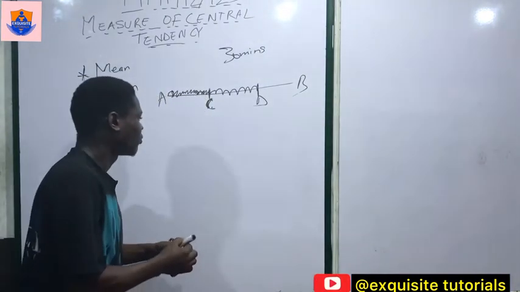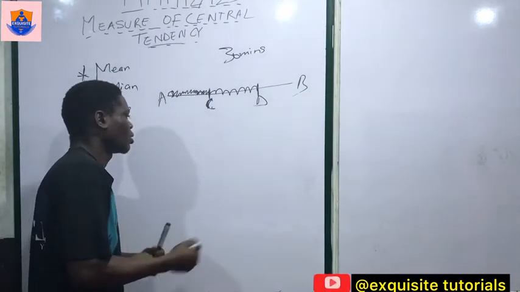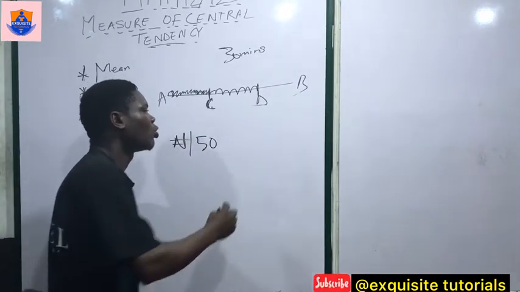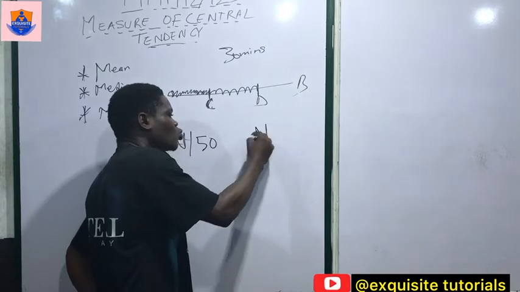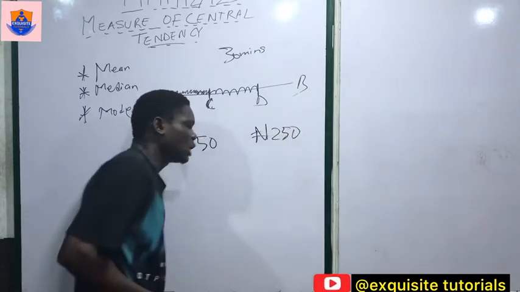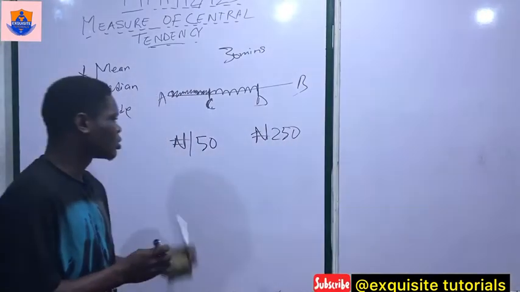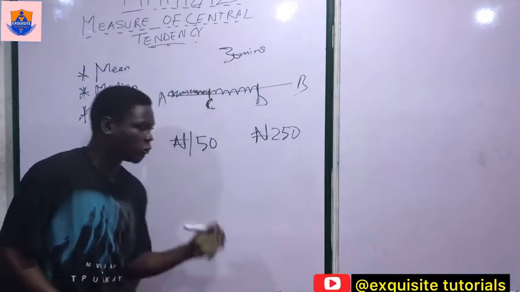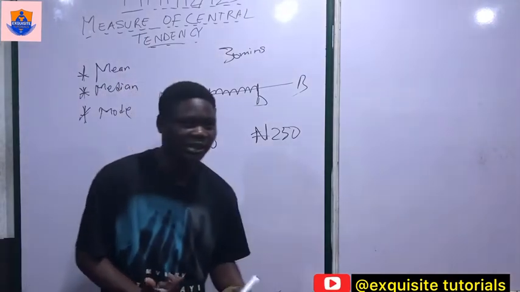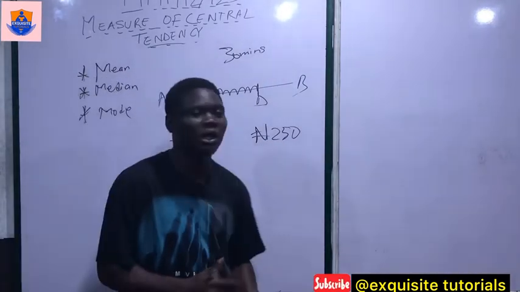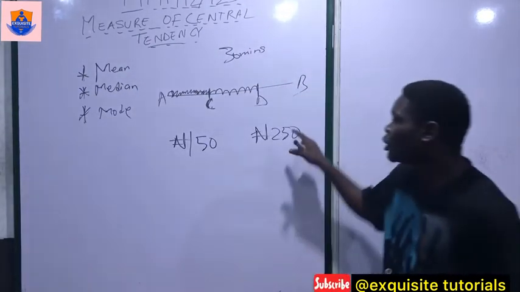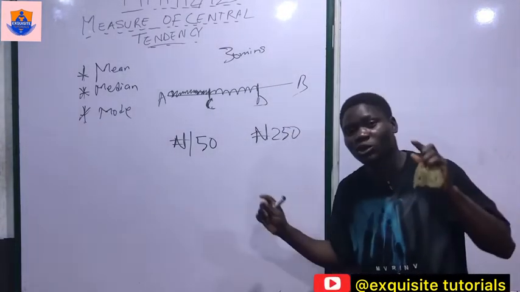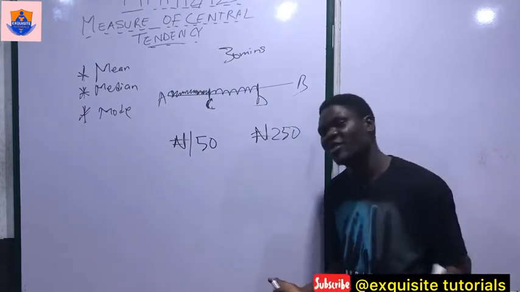Let's say you have 150 naira, and your elder brother has 250 naira, and you guys want to eat. Now, this 150 naira is not enough for you to eat. You won't be satisfied. This 250 naira that your brother has is just enough for him to eat. He will be satisfied.